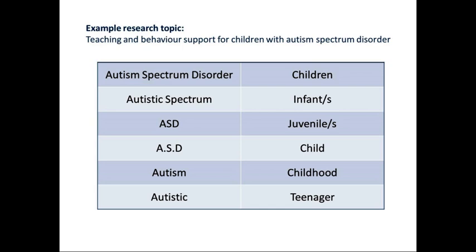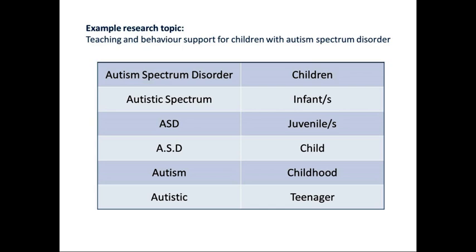What about the ones at the top? Let's think. Well, these both have the same root. The only difference in this one and this one, other than the word disorder, is the same as down here. So how about if we ignore the word disorder and put the asterisk in here, and then we can get rid of that and search for autism, autistic spectrum.